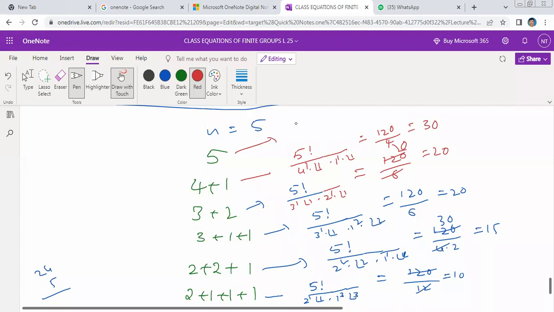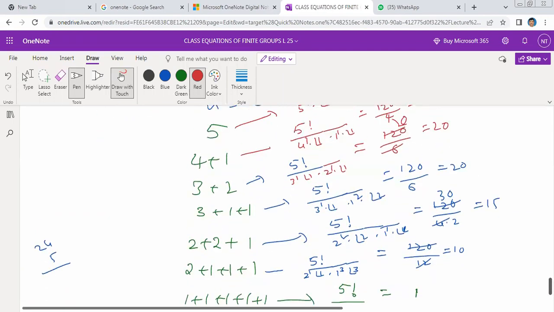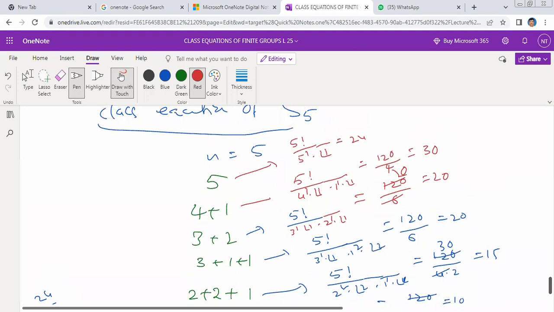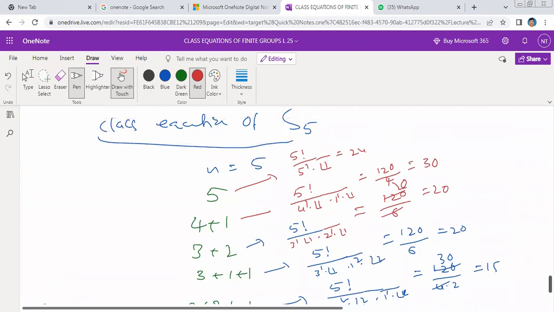Now finally 5 factorial by 5 is repeated one time, 5 into 1 factorial. That is 5 factorial by 5, which is 24. Now tell me the classification: 1 plus 10 plus 15 plus 20 plus 20 plus 30 plus 20 plus 24.